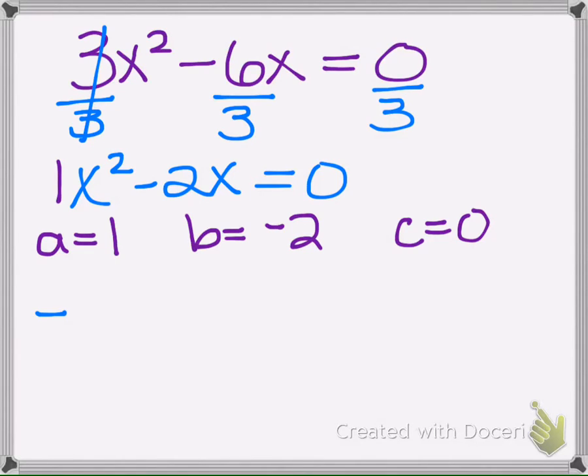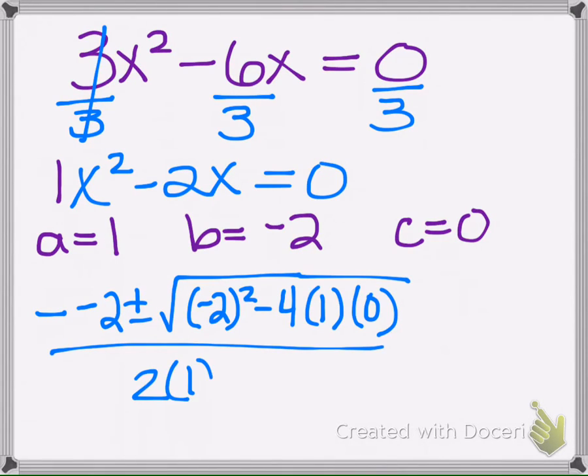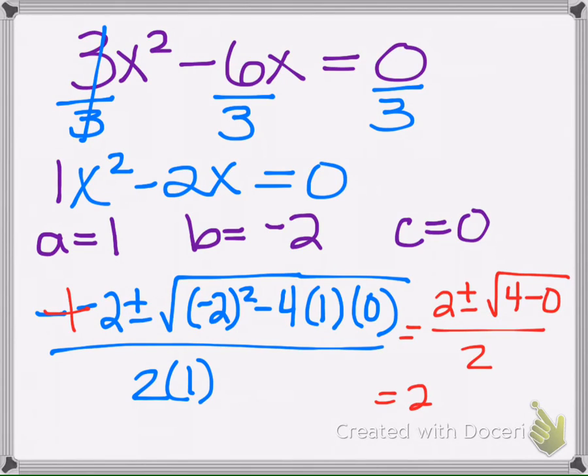So we would have -b plus or minus the square root of b squared minus 4ac all over 2a. So this would make a +2. Okay, so now the square root of 4 is the same thing as 2.